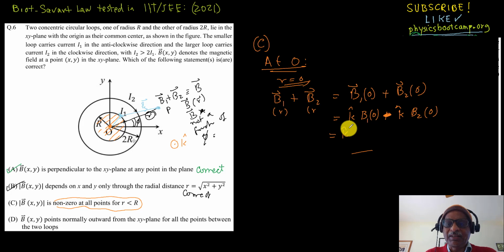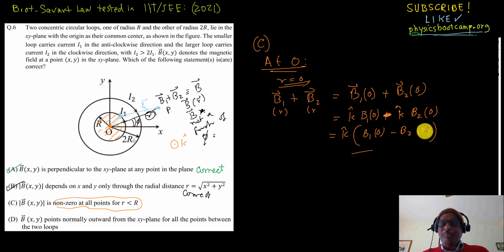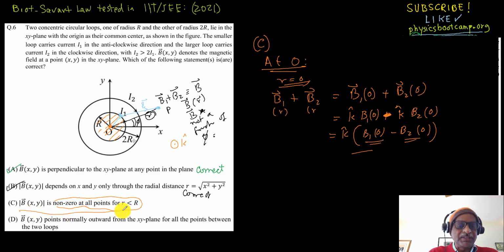So this is actually k hat times B1(0) minus B2(0). Okay. So what are these guys? Are they equal to each other? If they're equal to each other, then I'll contradict this, right? So how do I say this for any one of them?